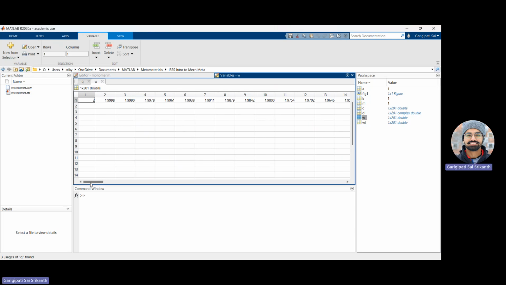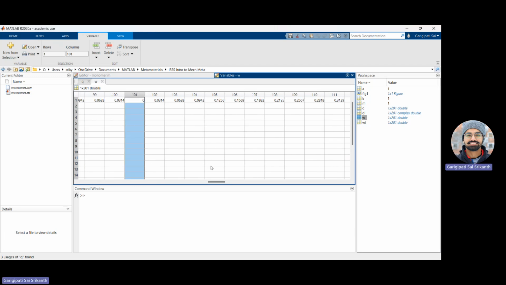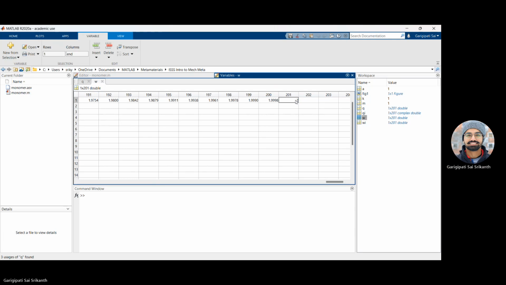See that omega goes from 2, and the 101st element is 0. And again it will go to 2.